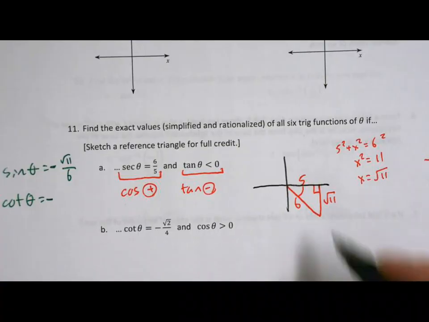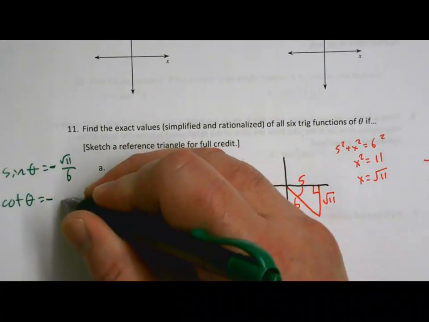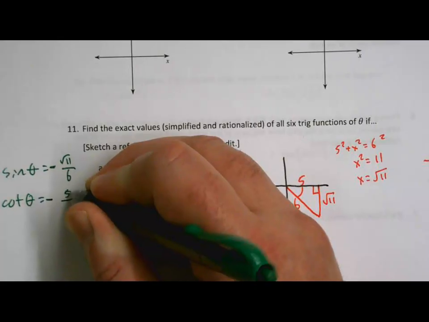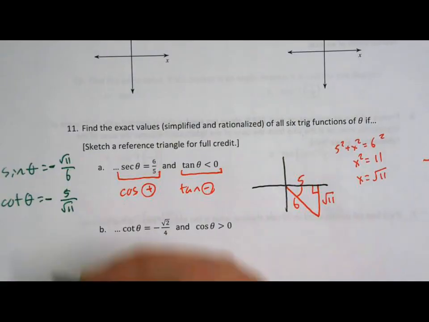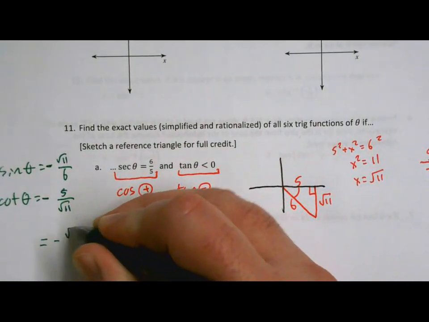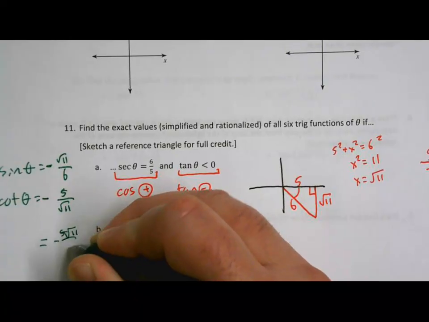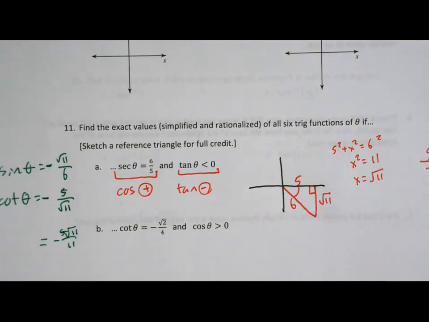Cotangent is adjacent over opposite, which is 5 over root 11, and we'll have to fix that. So negative 5 root 11 over 11.